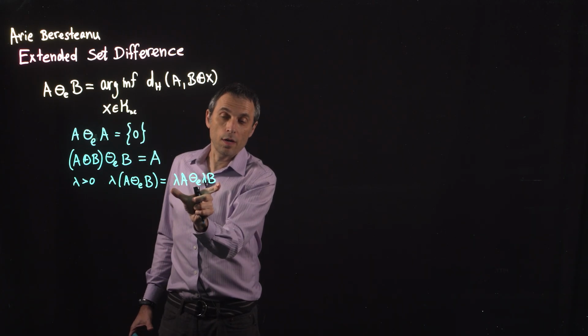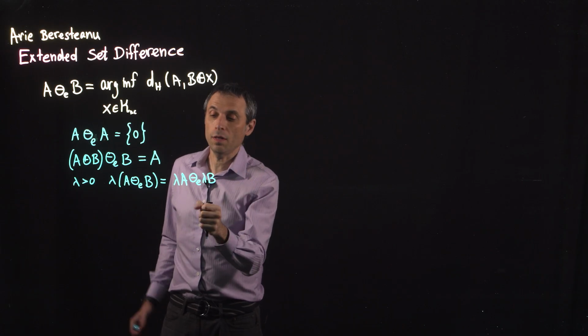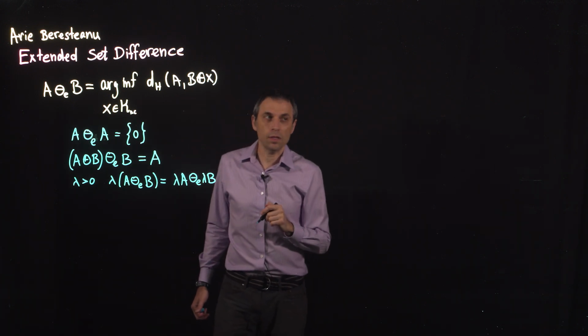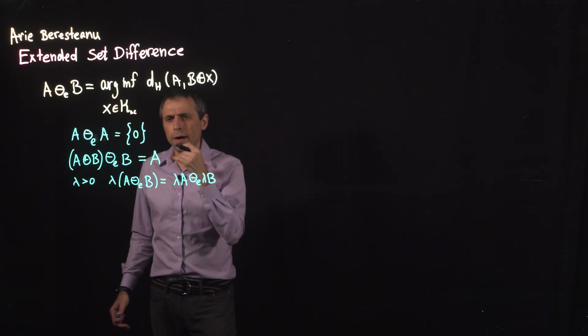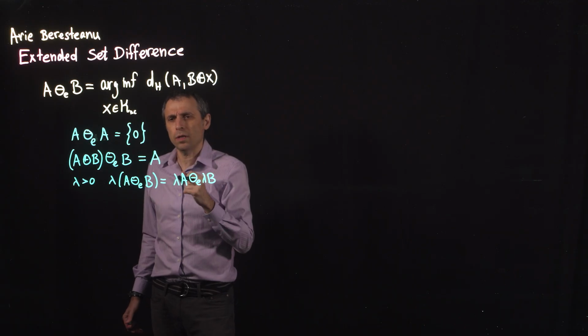This is also a collection of sets, because there is no uniqueness, but it's the same collection. That's what this claim is saying. And there are more properties that you can look in the paper.